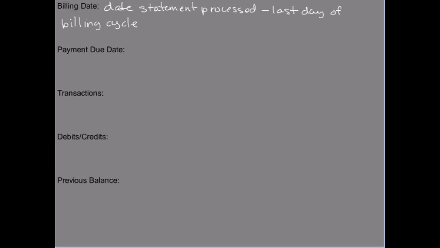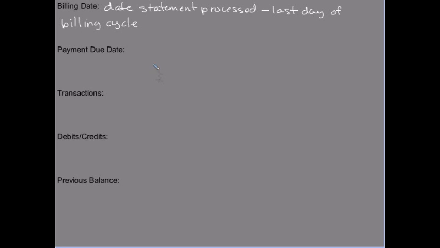So at the close of business that day, which is usually about 5 p.m., they start processing the statements. And so you get that date. So anything that happens before 5 p.m. will show up on this date, on this billing cycle, and anything after 5 p.m. or whatever time they set would show up on the following date.